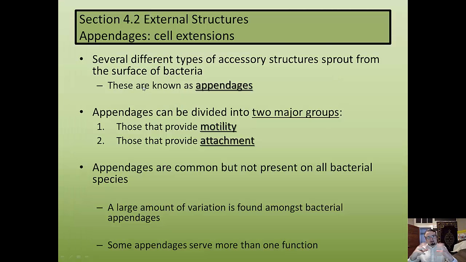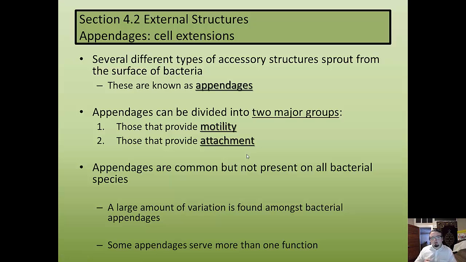Okay, so we're going to start around the outside of the cell, with what are referred to as the external structures, also referred to as appendages. From a microbial standpoint, an appendage is something that is usually used to help a bacteria do one of two things, and that's either to move around or to attach, so motility or attachment.